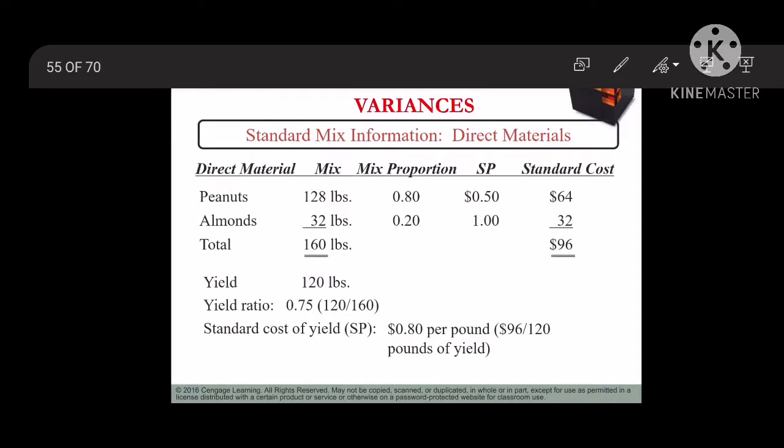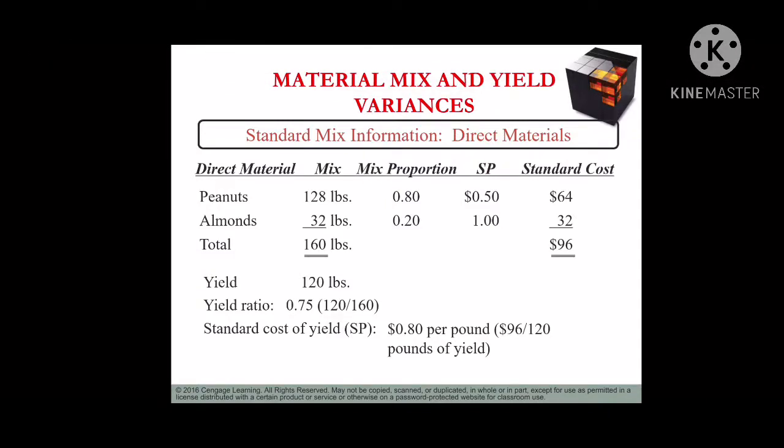Standard mix information for direct material. Direct material peanuts: 1,280 lbs, mix proportion 0.8%, standard price $0.5 and standard cost $64. For almond: 32 lbs, mix proportion 20%, standard price $1 and standard cost $32.